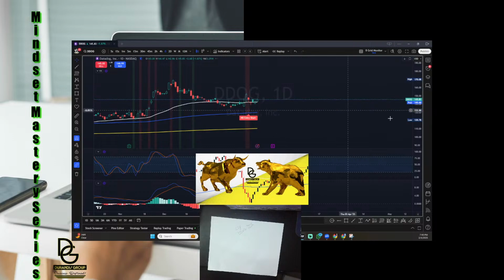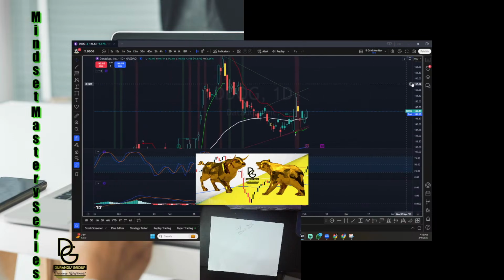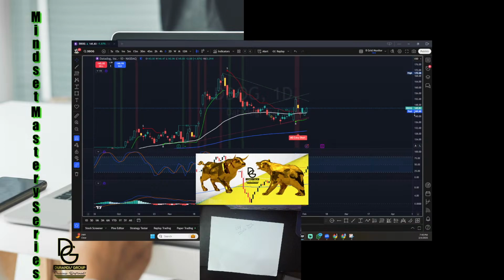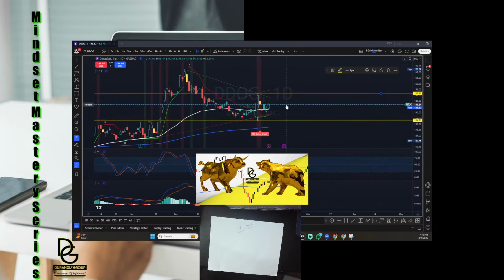Let's see what the daily has. The daily is almost like wedging. So with Datadog, I am looking at this level here and this level here because we're kind of in a bit of a range, looking to see if we can get a nice little push to the downside.